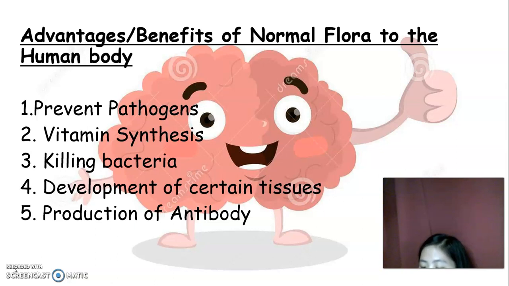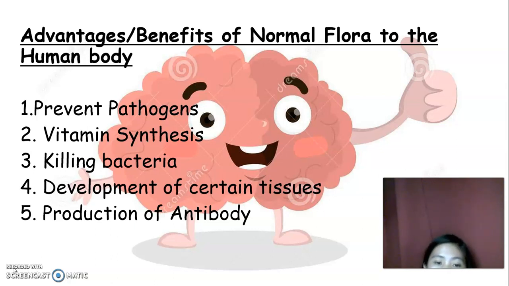Some normal microflora synthesize vitamins for their own needs. Sometimes our body absorbs those vitamins as nutrients. For example, some enteric bacteria of the human body produce vitamin K and vitamin B12. Lactic acid bacteria also produce certain B vitamins.